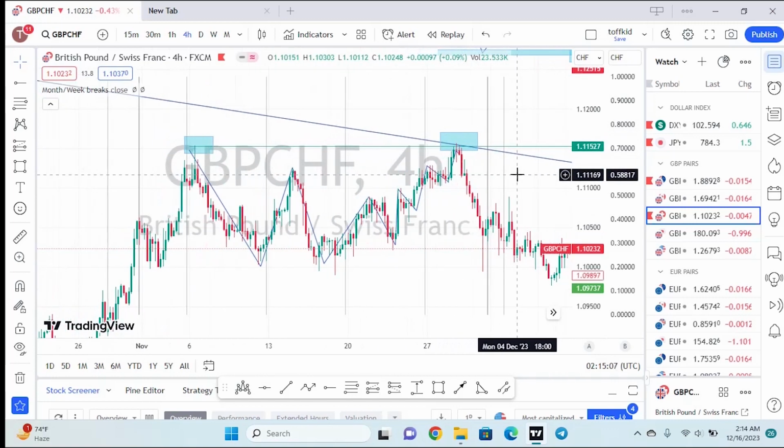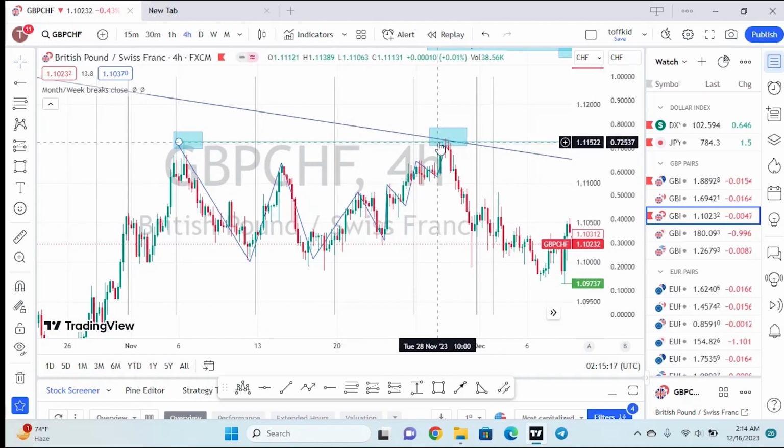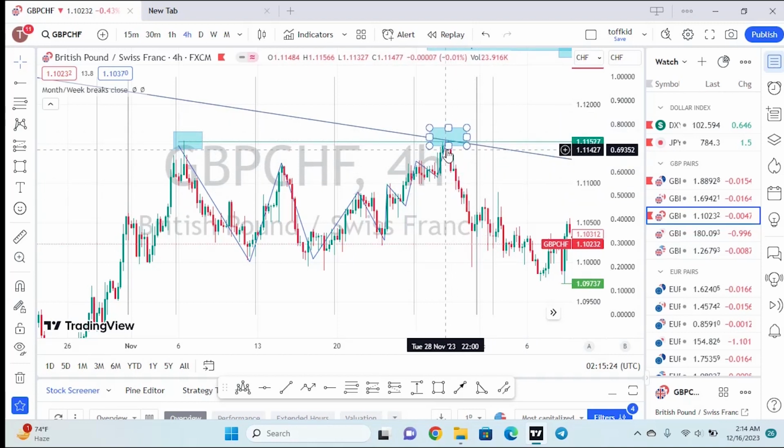And as you all know me, I always wait for the bearish presence to also come into the market before I enter my setup. So now we have our second touch right at this point, and now the bearish presence are here. Since the bearish presence are here, I'm gonna be taking my trade right after the 4-hour close of this candle.